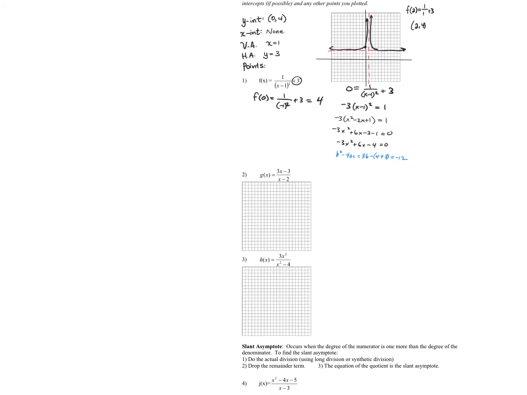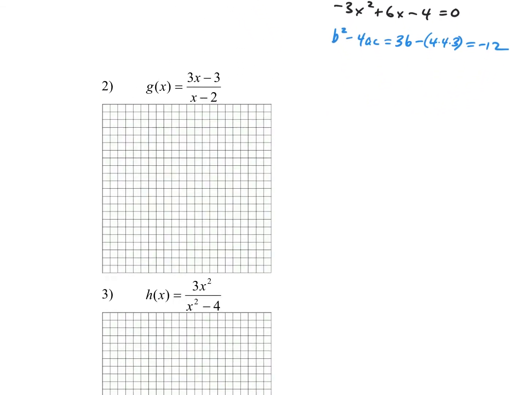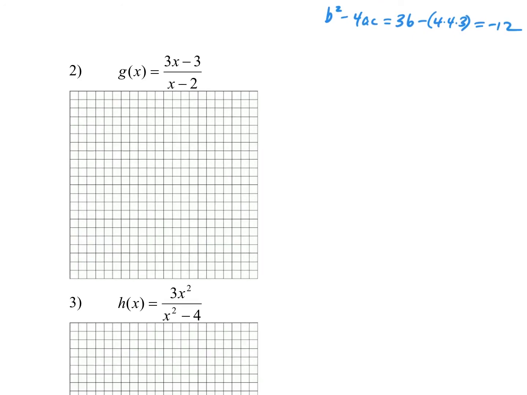Let's look at another graph here. Here we have g of x equals 3x over 3. I'm sorry, 3x minus 3 over x minus 2. And I am in the habit of factoring whenever I can on these functions, just to make life a little bit easier.